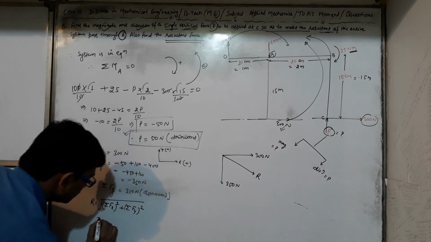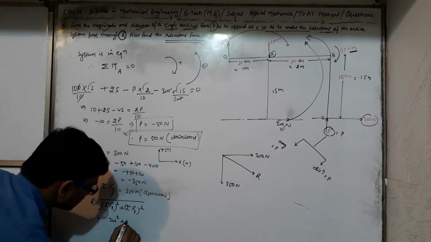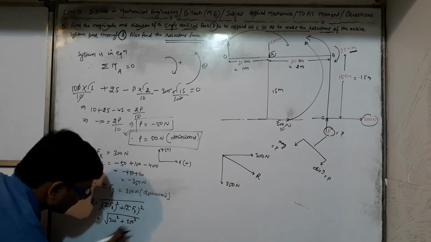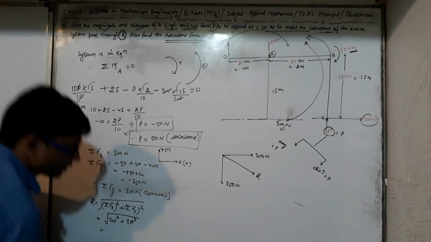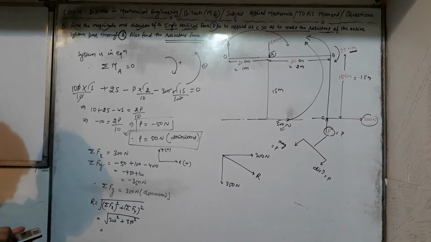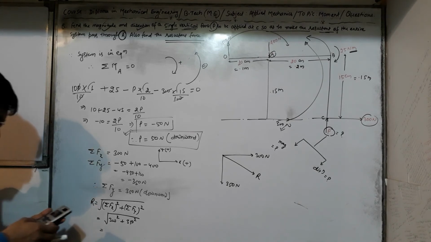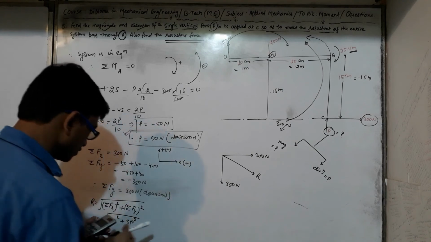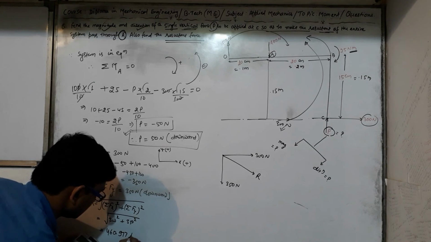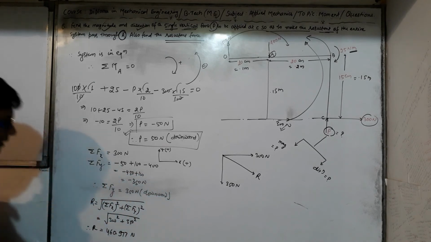Put the corresponding values: 300 squared plus 350 squared. I'm using a calculator to calculate it. The root of this will be 460.977 Newton. This is the resultant.